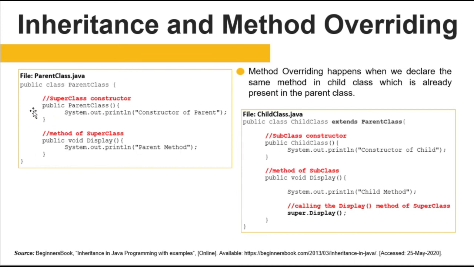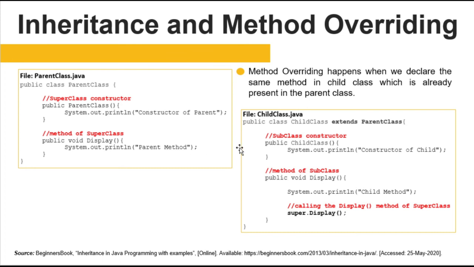Inside our superclass, we have a constructor which prints constructor of parent and a method named display which prints parent method. Now, by using the extends keyword inside the child class definition, we will be able to access and inherit everything defined inside the parent class, considering the constructor of the superclass and its method name display.